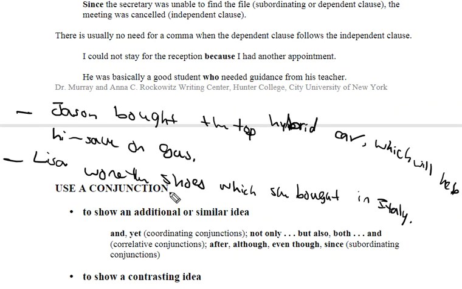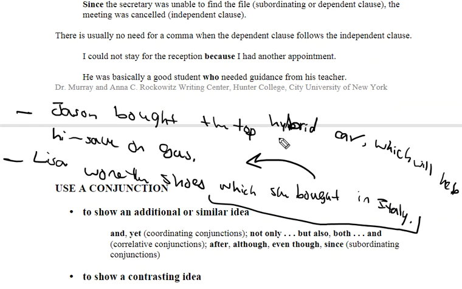What did she buy? What shoes did she buy? She bought the shoes from Italy, or the shoes which she bought in Italy. Okay? The ones that she bought in Italy. The clause identifies the shoes here. This clause, which she bought in Italy, gives an adjective. It identifies the shoes, the object. That's why it's essential here.